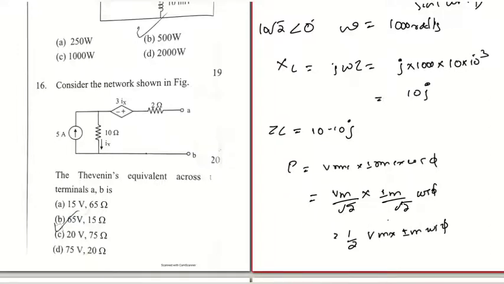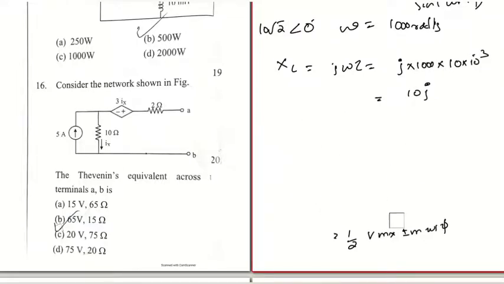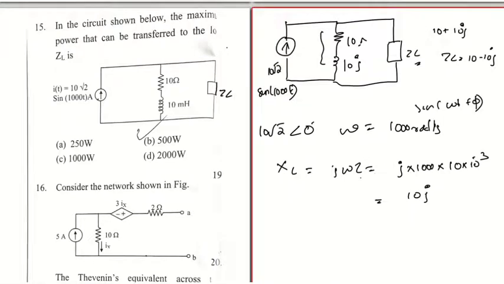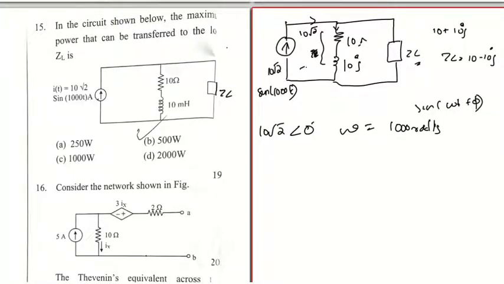So now I have to find out this Vm and Im. For finding out Vm and Im, I am going back to the circuit. This current, 10 root 2, is flowing over here and is being divided between this impedance Z and ZL.